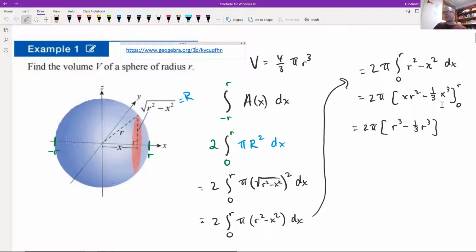And the 0 part would just be minus 0, so we don't even write that down. But anyways, now we've got 2 pi times 2/3 r cubed, and that is 4/3 pi r cubed, just like the formula that we memorized.